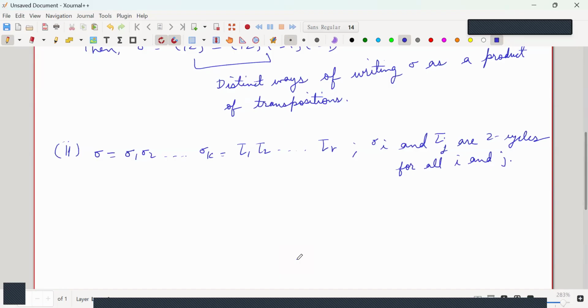So you can write this thing as sigma 1 to sigma k, then tau 1 to tau r whole inverse is equal to identity, right? And this will be sigma 1 to sigma k, tau r inverse, tau 1 inverse equal to identity.